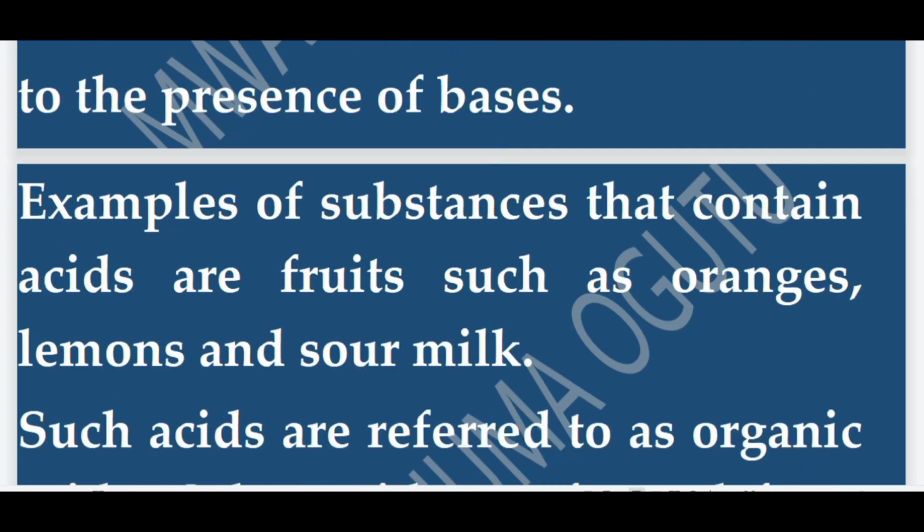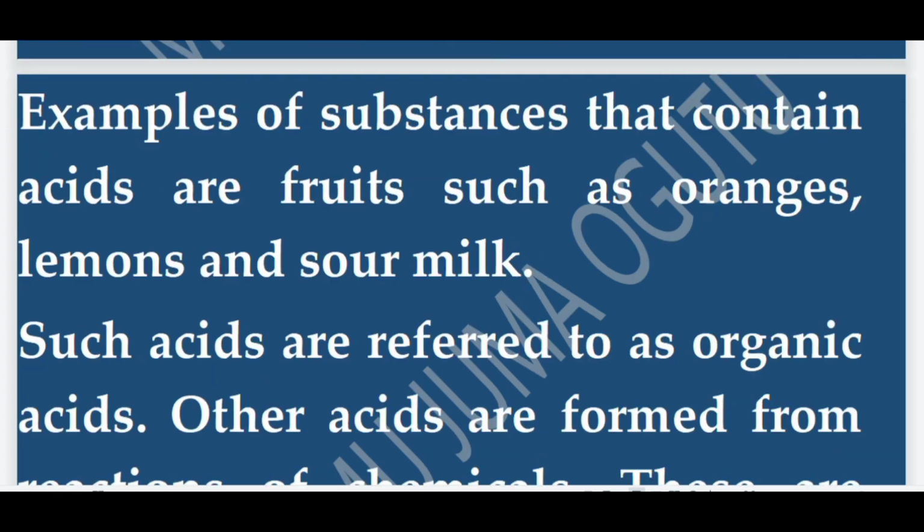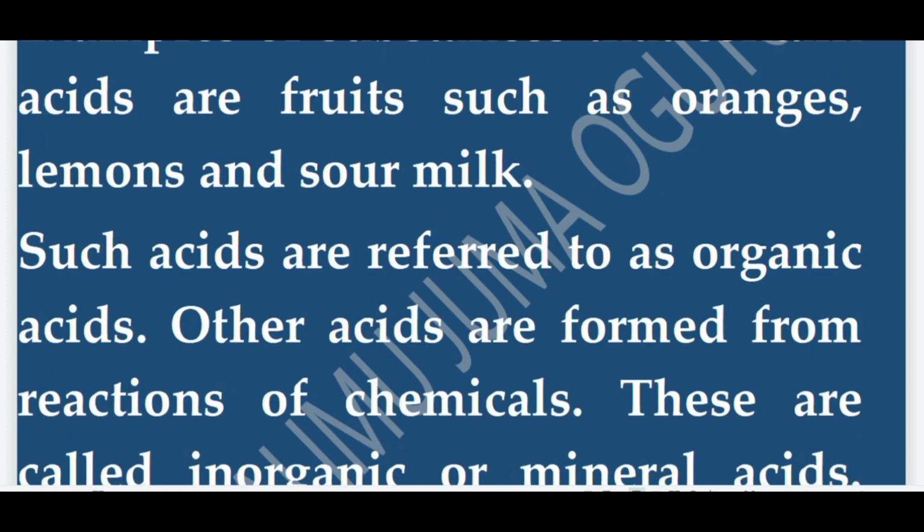Such acids are referred to as organic acids. Oranges and lemons contain acids, and the acids contained in the fruits and also in animal products we are calling organic acids. Other acids are formed from the reaction of chemicals.